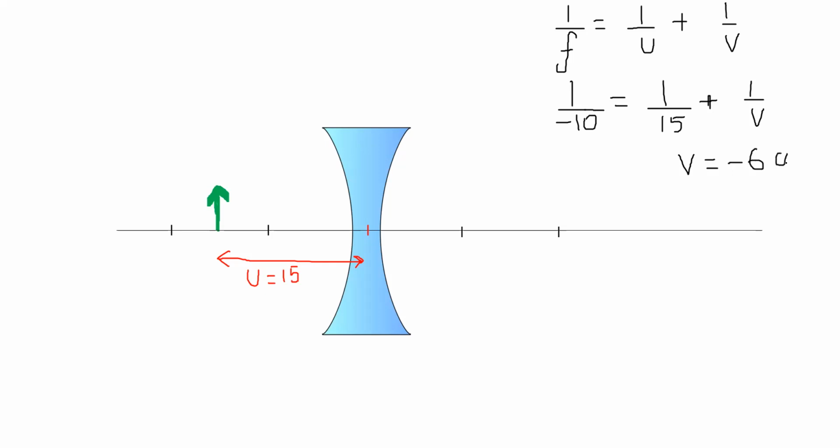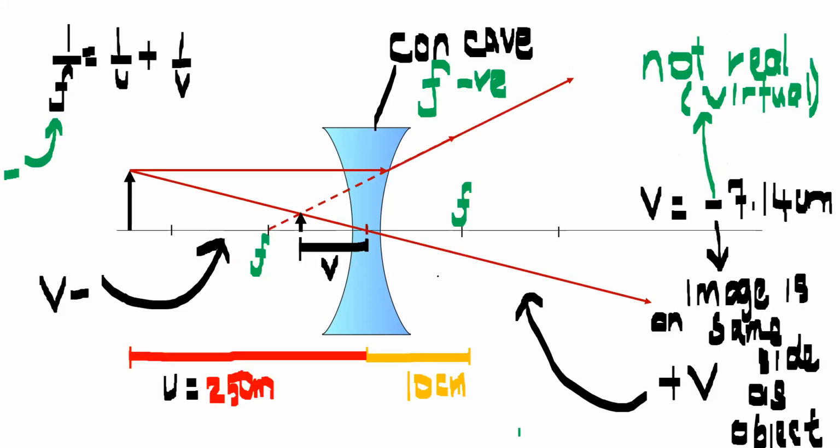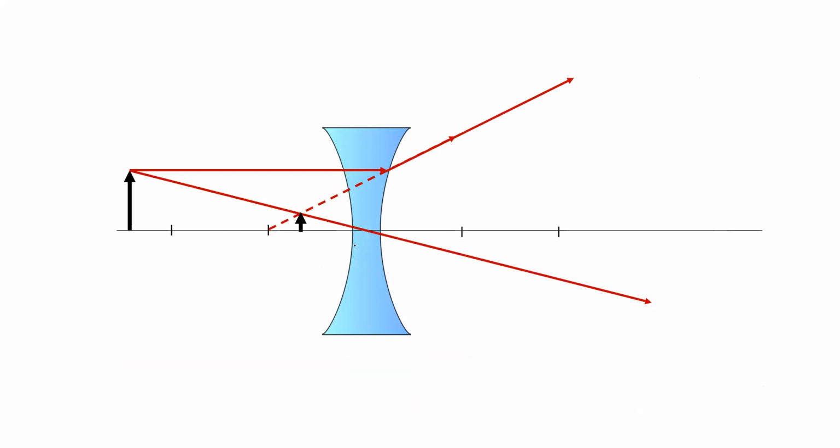Okay lah. Negative means what? What's the meaning of negative? It's not real. What I mean by not real? Not real means, can you see this line is a dotted line. Bukan cahaya sebenar. Can you see?